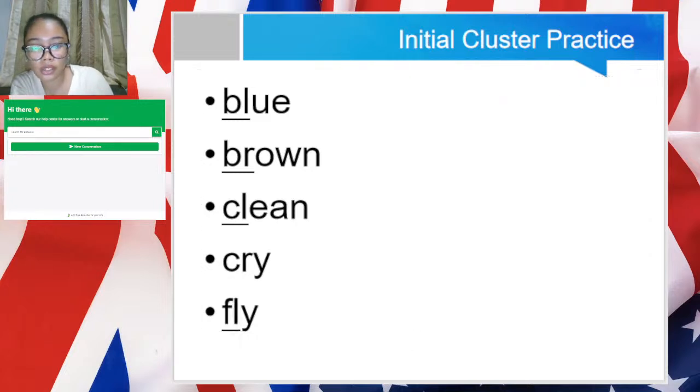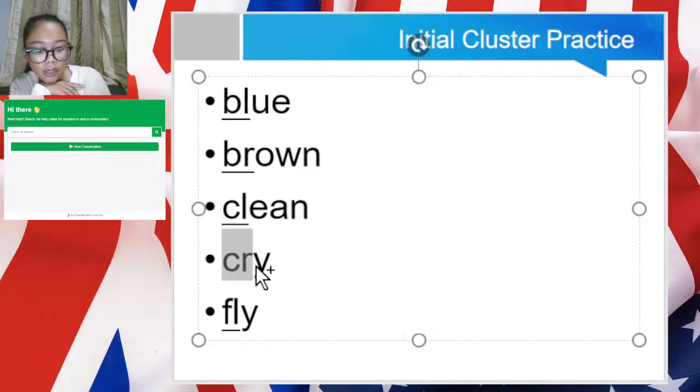Those are the initial consonant clusters for these words. So what I need you to do again is just to say it with me. As simple as that. So in two, one: blue, brown, clean, cry, fly. Again: blue, brown, clean, cry, fly.